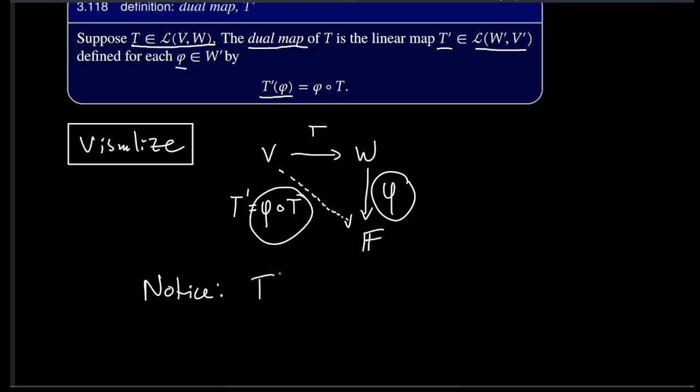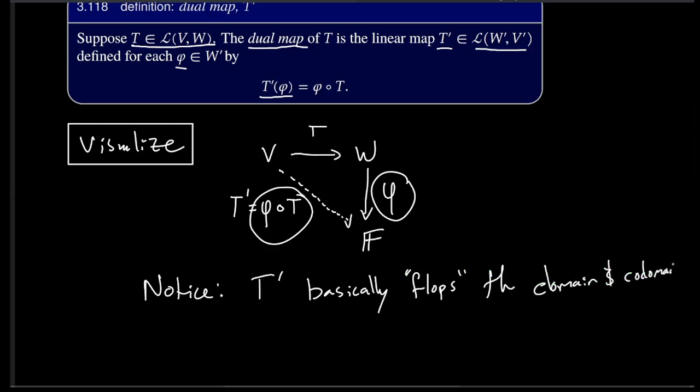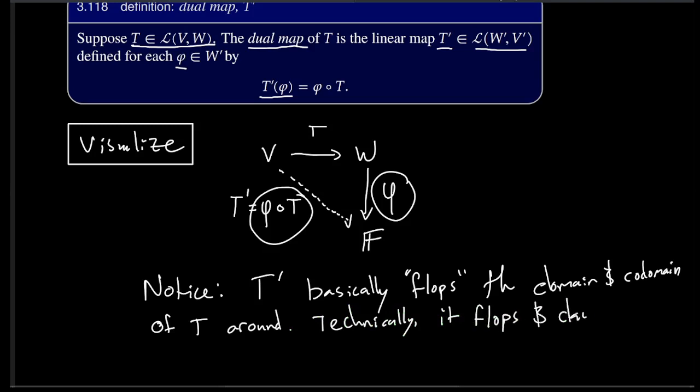Notice T prime basically flops the domain and codomain of T around. Technically, it flops and dualizes.